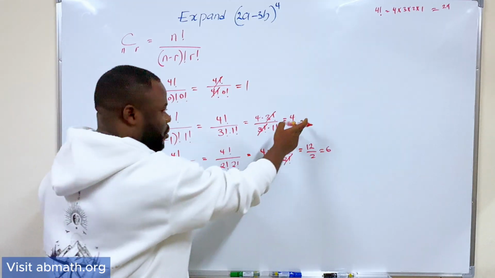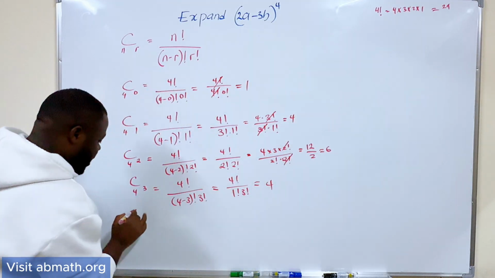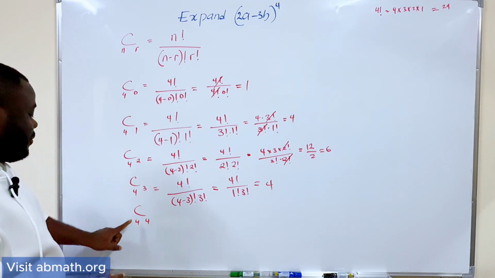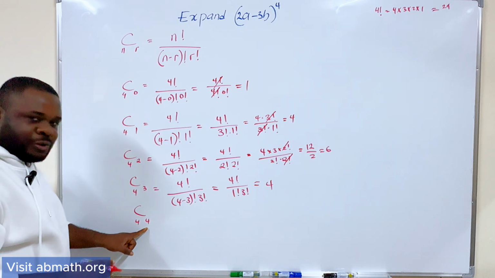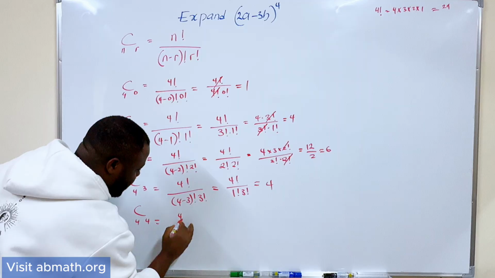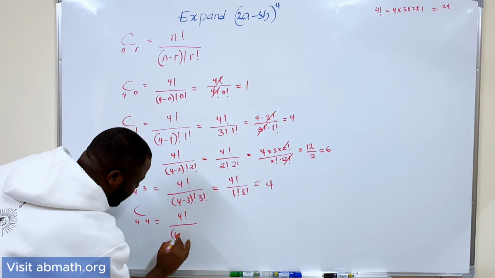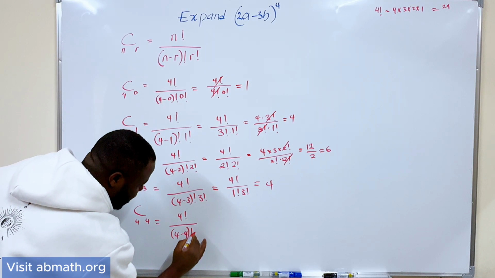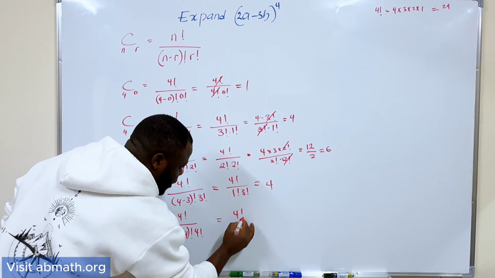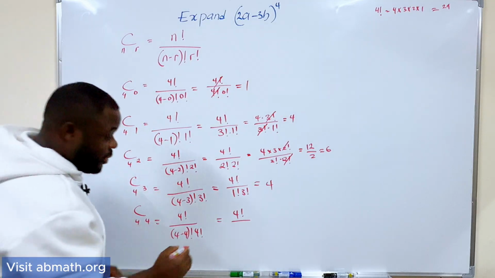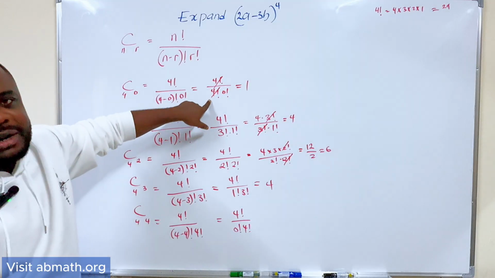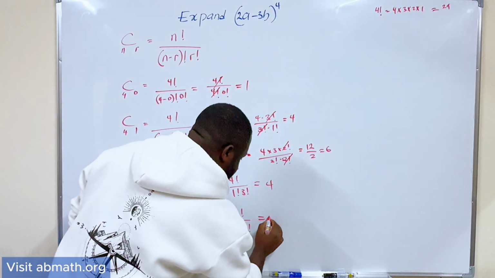They are still the same thing, and we get 4. And the final combination is 4 combination 4. When it gets to 4, you stop because your power is 4. So you have 4 factorial over 4 minus 4 factorial, then multiplied by 4 factorial. This is 4 factorial over 0 factorial multiplied by 4 factorial. We have something like that before, so this becomes 1.